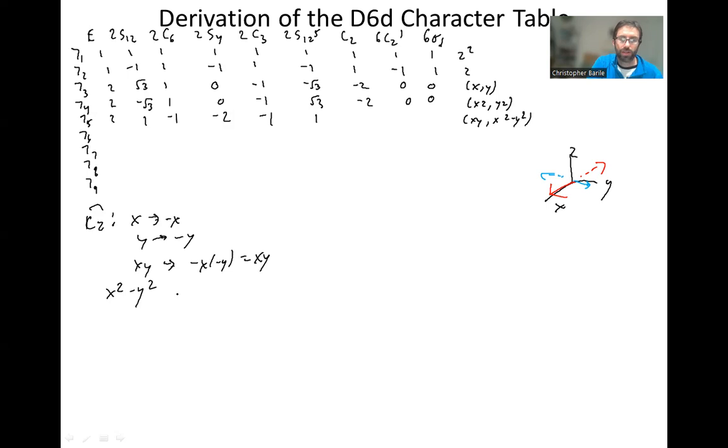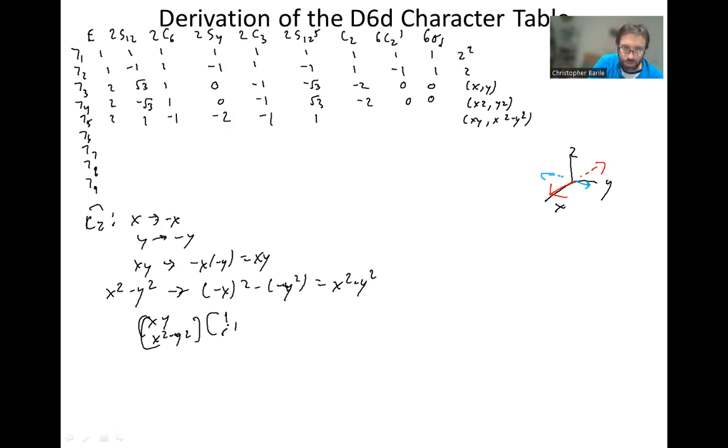And x squared minus y squared is going to go to quantity negative x squared minus quantity negative y squared, which is equal to x squared minus y squared. Well, they all went to themselves. This is the identity matrix. So the 2 by 2 matrix is 1, 1, 0. We take the trace of the matrix, and we get 1 plus 1 equals 2 for the character. Easy peasy.